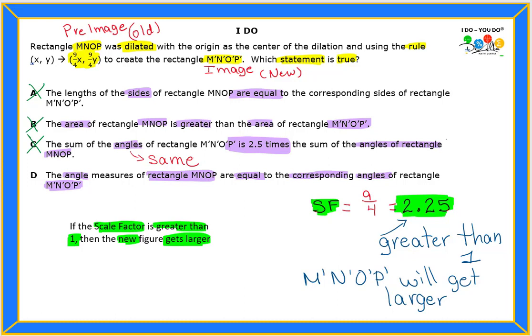Yes, they are equal. They're congruent. Very good. They're the same. But this is because we're talking about what? Angles. Very good. If it was talking about the sides, that's a different story. But angles don't change. So we are correct. The answer should be letter D.